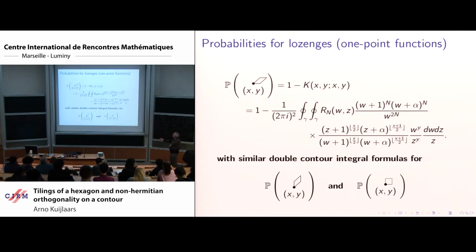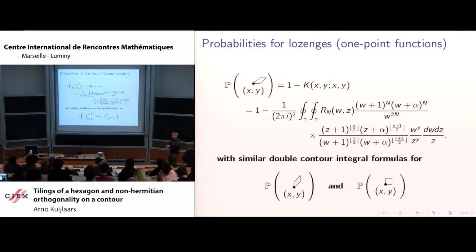This will become an integral where we put x1, x2 the same, let them be x, and y1 and y2 are y. Our formula from the previous slide becomes this one. So we want to analyze this in the large N limit to see what happens.